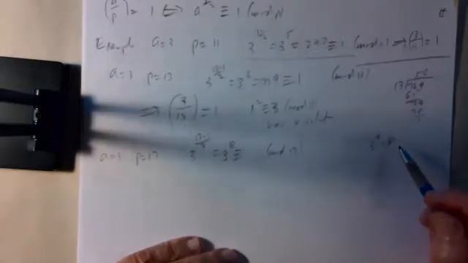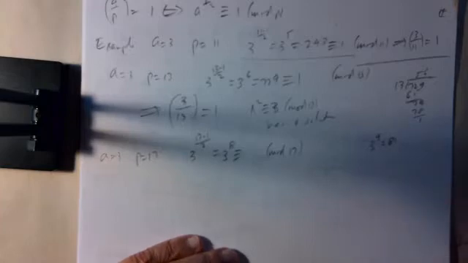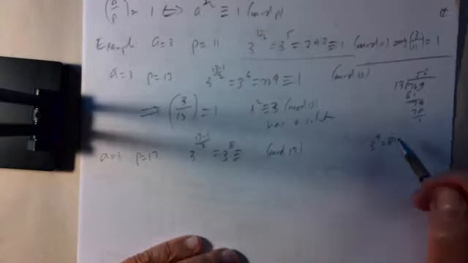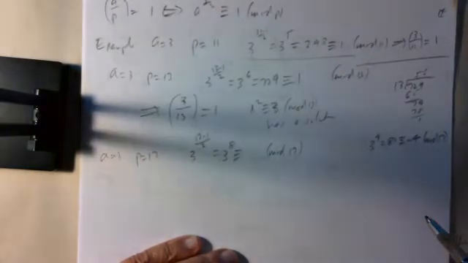Is that right? 81 is the same, I think, as minus 4 mod 17.